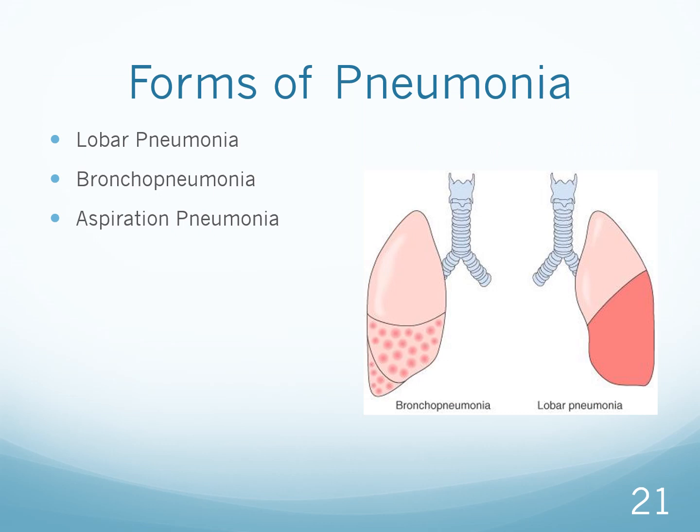Lobar pneumonia is a form of pneumonia characterized by inflammatory exudate within the intra-alveolar space, resulting in consolidation that affects a large and continuous area of a lobe in the lung. Bronchial pneumonia is a type of pneumonia that causes inflammation in the alveoli. Someone with bronchial pneumonia may have trouble breathing because the airways are constricted.